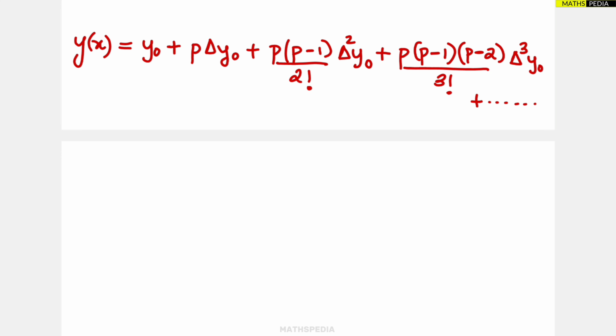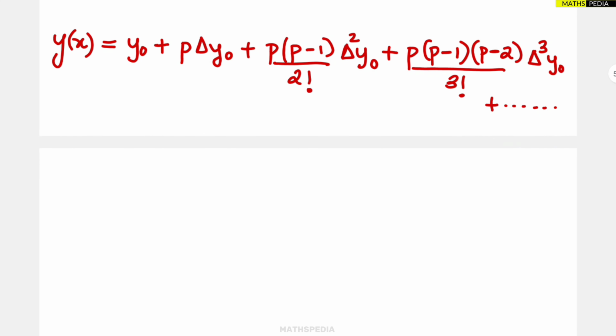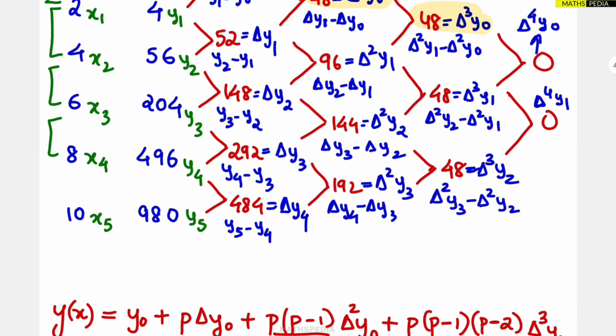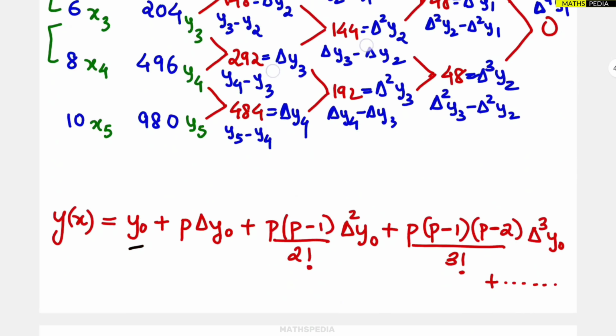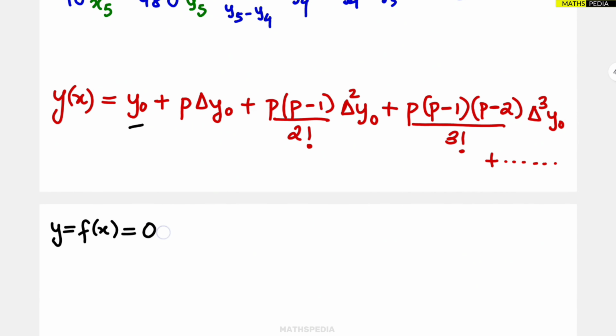I am going to substitute the values. Okay. So starting with y of x. I am going to write y of x. If you want, you can write it as y is equal to f of x also. That is also fine, since we have said y is equal to f of x. Now it is equal to y0. Y0 value is basically 0, plus.